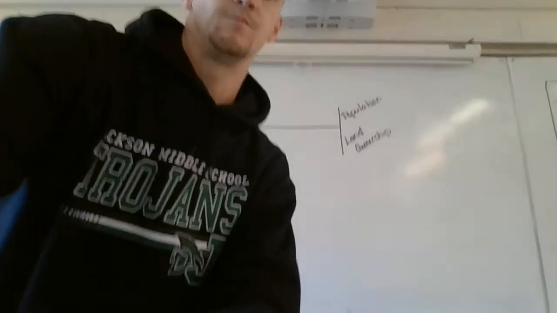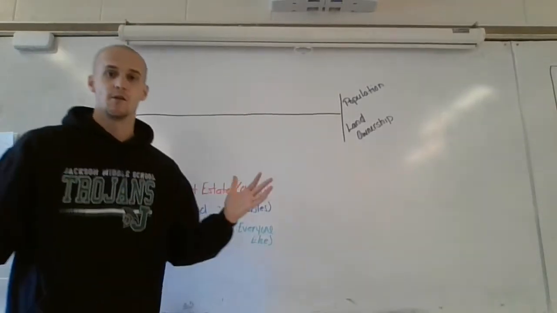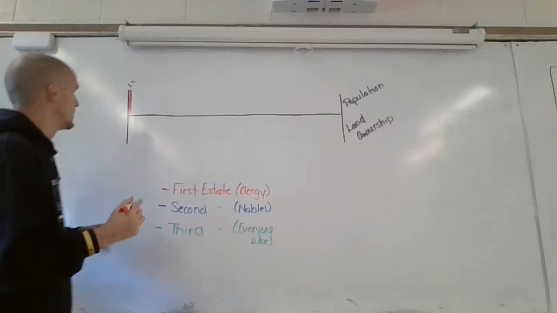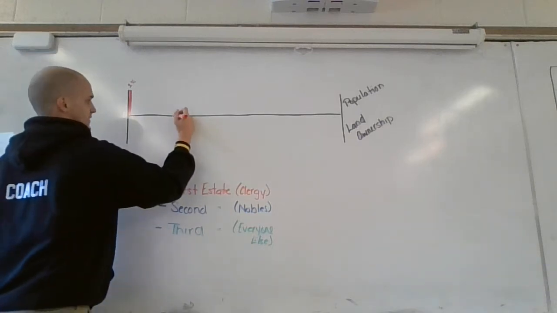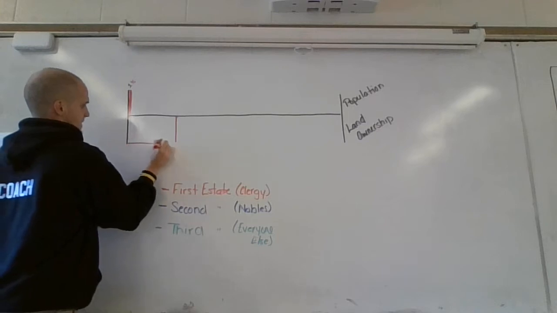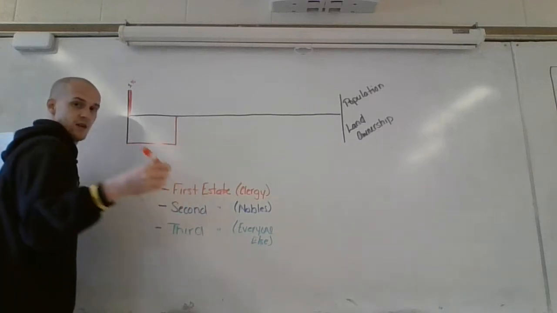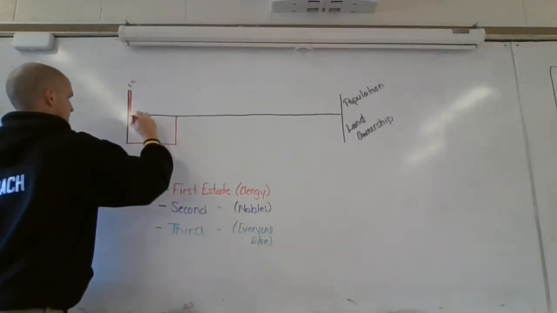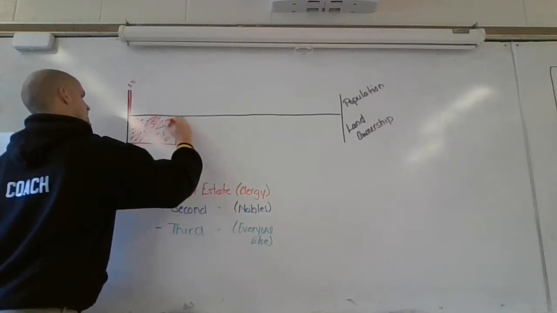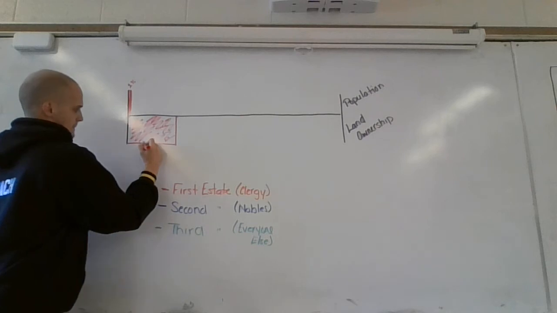A resounding 1% of the population of France controls 10% of the land. So at the bottom, again in the red, because we're talking about the first estate or the clergy, 10% of the land.